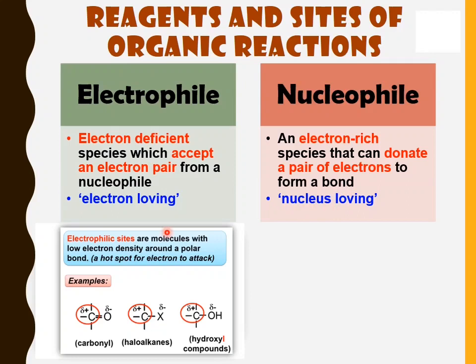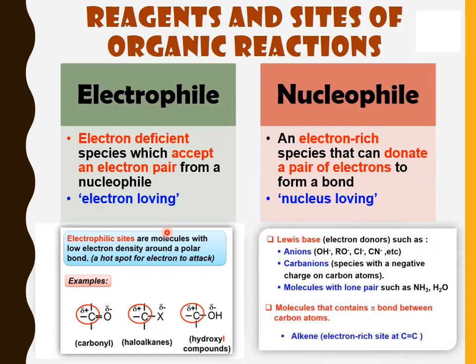A nucleophile can be either neutral or negatively charged. So this is the example of nucleophile. If electrophile, we have Lewis acid. For nucleophile, we have Lewis base. Lewis base is electron donor such as anion.